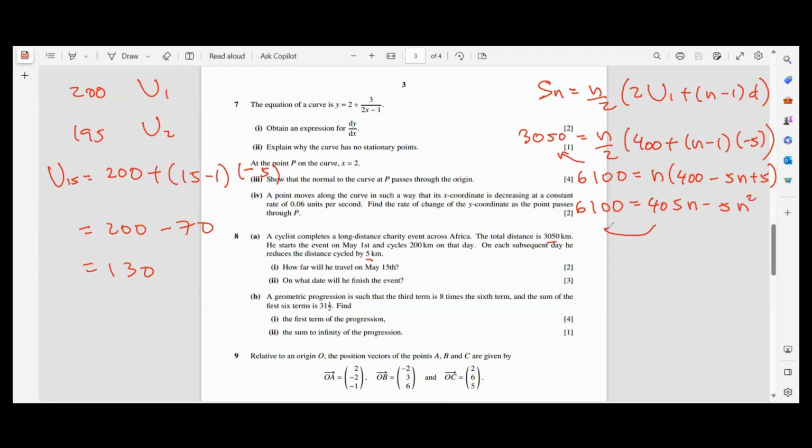Everything I move to the left, I get 5n squared minus 405n plus 6,100. So everything I divide by 5 and simplify it: n squared minus 81n plus 1220.